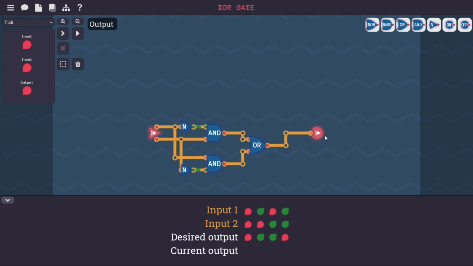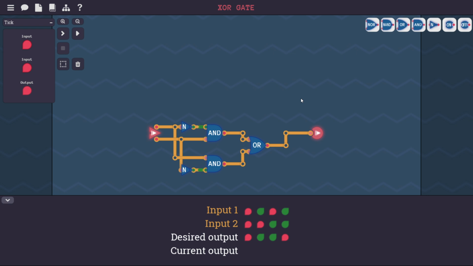It checks if two inputs, or any number of inputs, are the same or different. The XNOR does the opposite: it checks if the inputs are the same, and if so, it outputs a 1. So XOR checks the difference between the two, and this one checks if they are the same to output a 1.